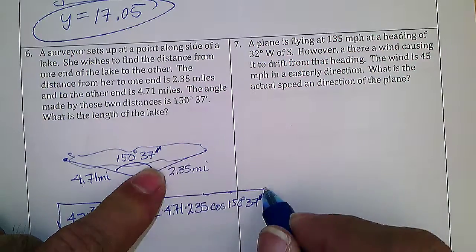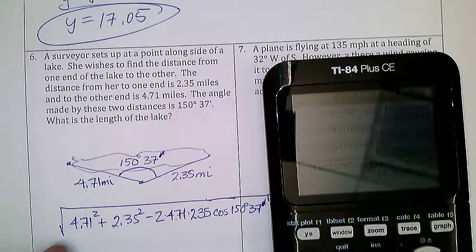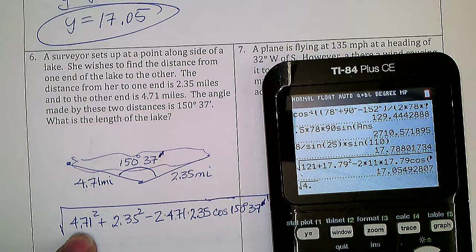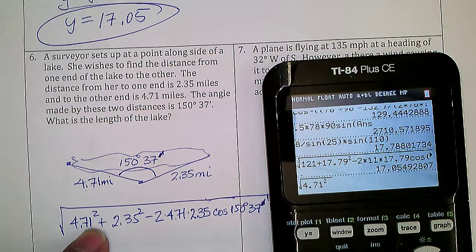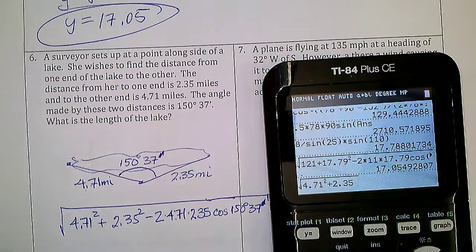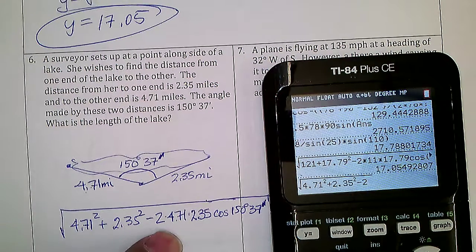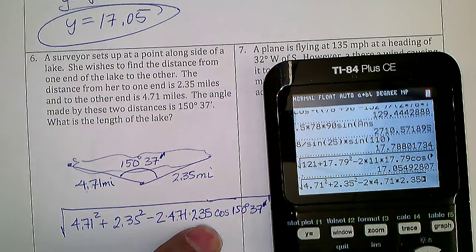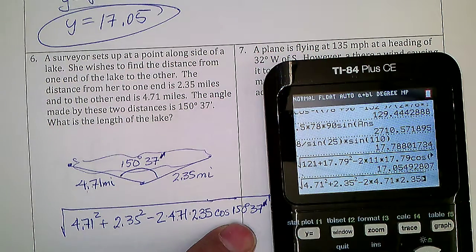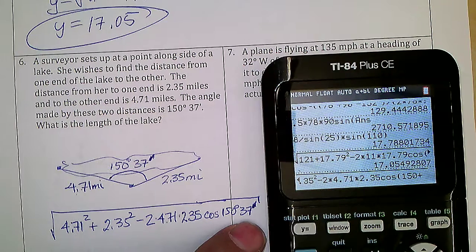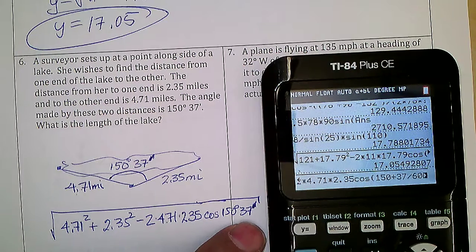So on my calculator, I type in the square root of 4.71 squared plus 2.35 squared minus 2 times 4.71 times 2.35 times cosine of 150 plus 37/60 more.